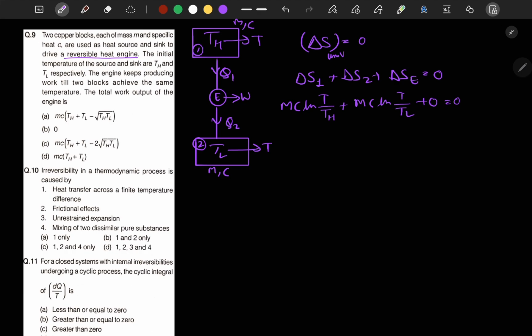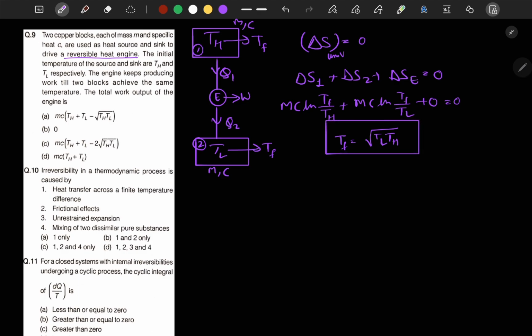After solving, we obtain the final temperature Tf, which is the square root of Tl Th.